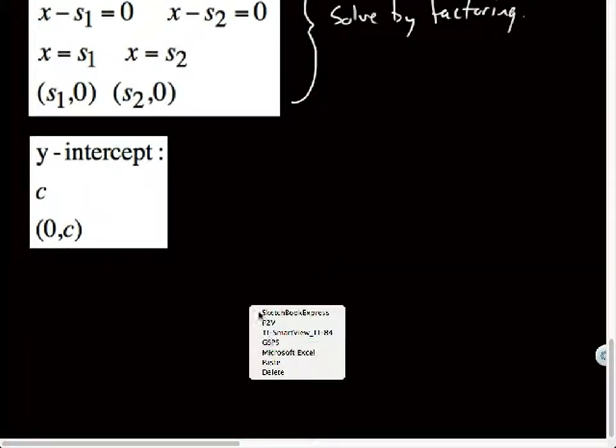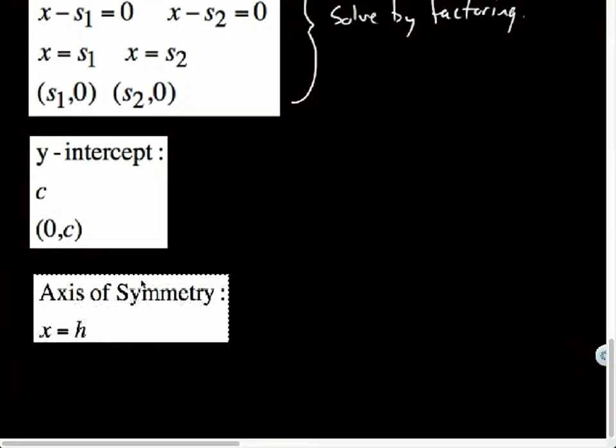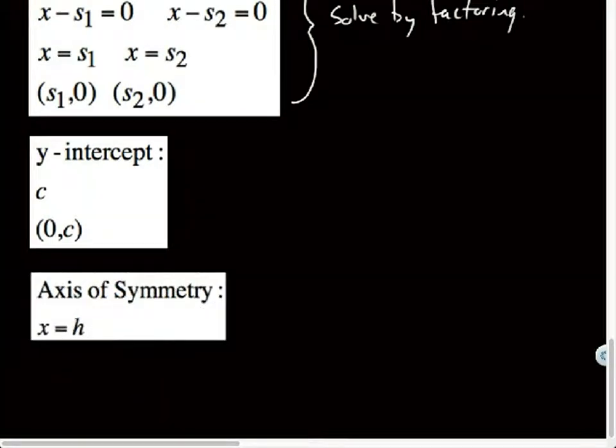The last thing I'll fit on this side of the page will be the axis of symmetry. I did mention that a little bit earlier. The axis of symmetry for a parabola is the line at which the parabola is symmetric.